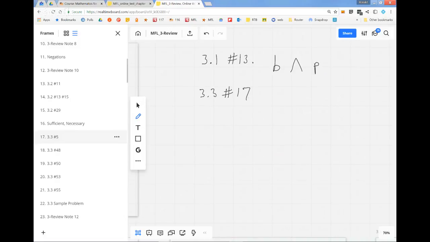Okay, so construct a truth table for if P, then Q and R. Let's just write it down: P, then Q and R.